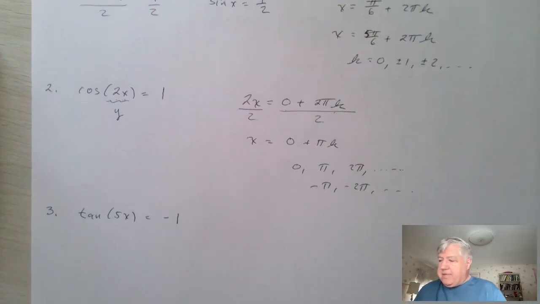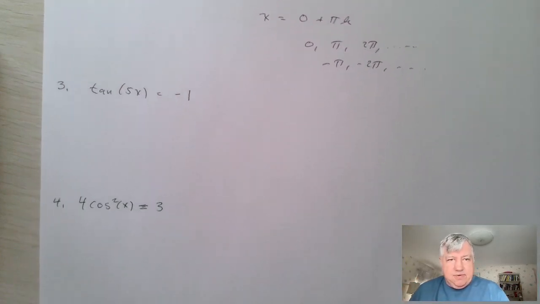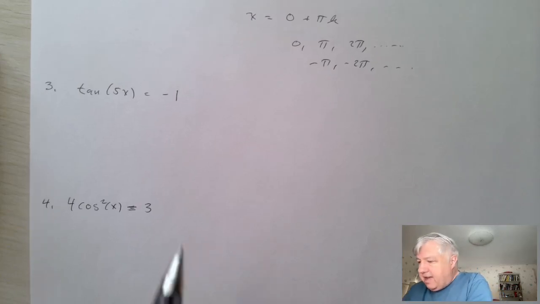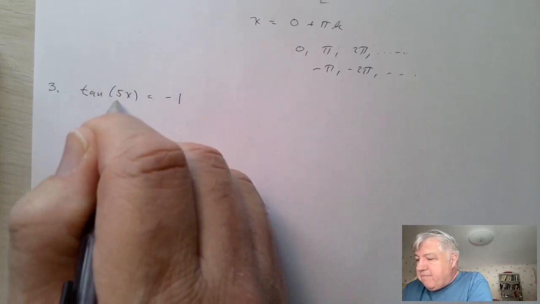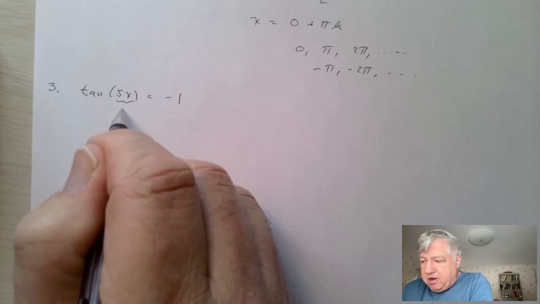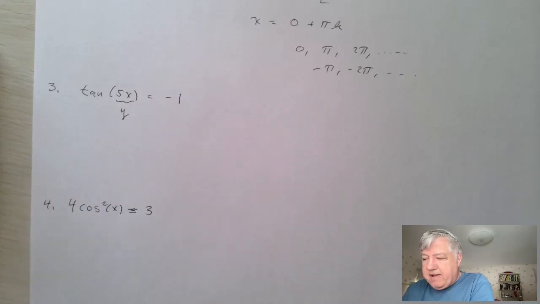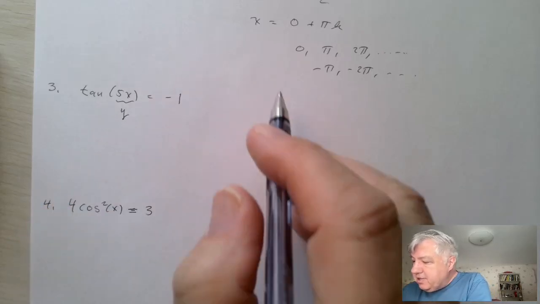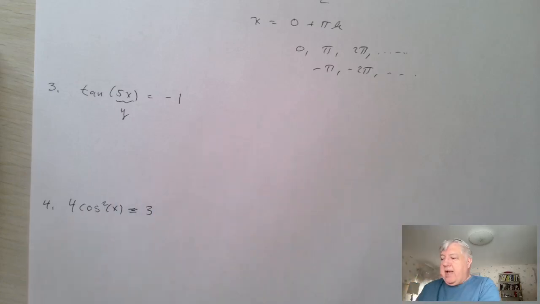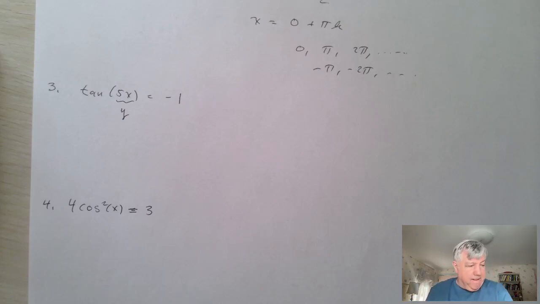Let's say we had the tangent of 5x. Same thing. We have tangent of some mess. Actually, this mess isn't very large of a mess. We can call this just 5x, so we can call this y if we want. We recall that an angle whose tangent is negative 1 is negative pi over 4.